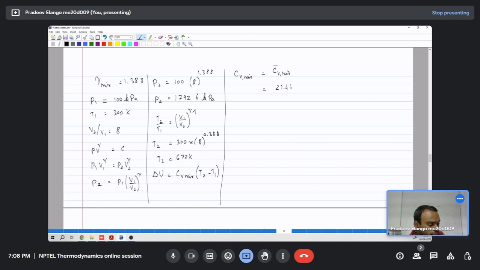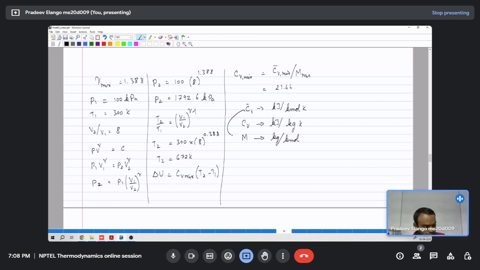For the Cv bar we had kilojoule per kilomole Kelvin, and for molecular weight we have kilogram per kilomole.